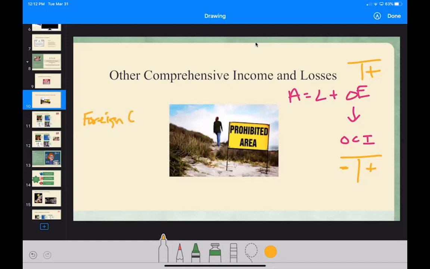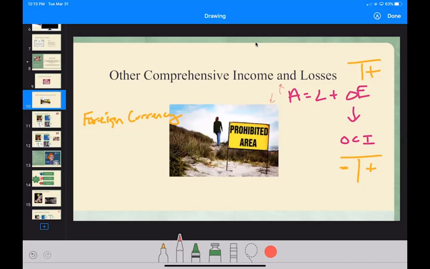They have to take whatever the current translation is between, say, the euro and the US dollar, and translate that to say this is the value of our asset now. That's going to make your assets either go up or go down, but that has nothing to do with the true performance of your company.